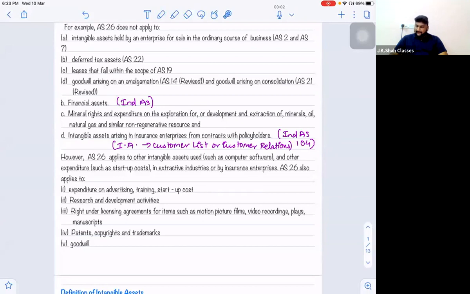Sir, how many Ind AS are there almost in general? Forty Ind AS. Thirty-five are active, 40 are there in total. And I think at the final level, you are going to learn 30 Ind AS. Total 30 Ind AS you are going to learn in final.